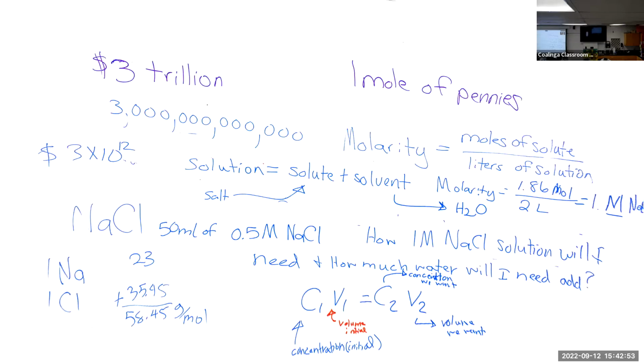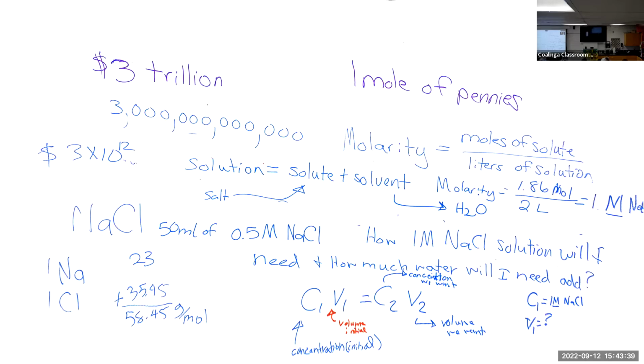So if we go ahead and plug this in, we have C1 V1. C1 is going to equal the one that we're starting out with, 1 molar. My V1 is going to be unknown. That's what we're trying to figure out.